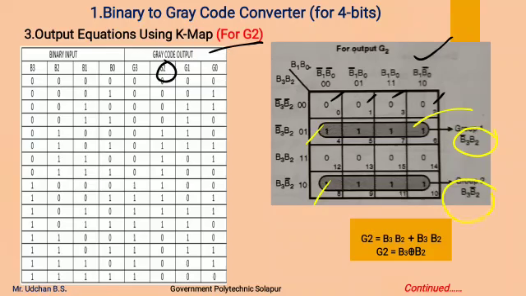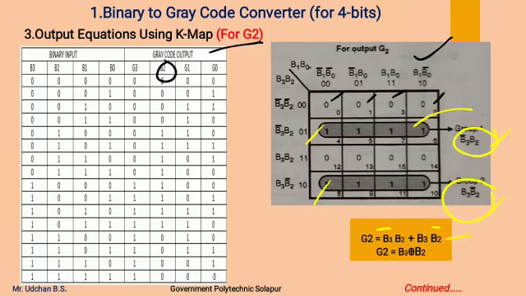Already we know how to find these terms with respect to the quad, pair or octet. In the same way these terms are formed over here. So the equation for G2 will be B3 bar B2 plus B3 B2 bar.